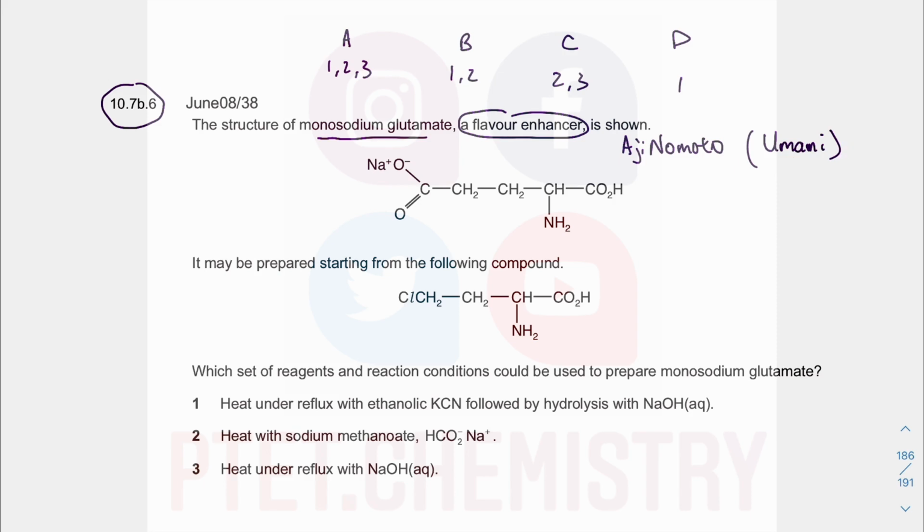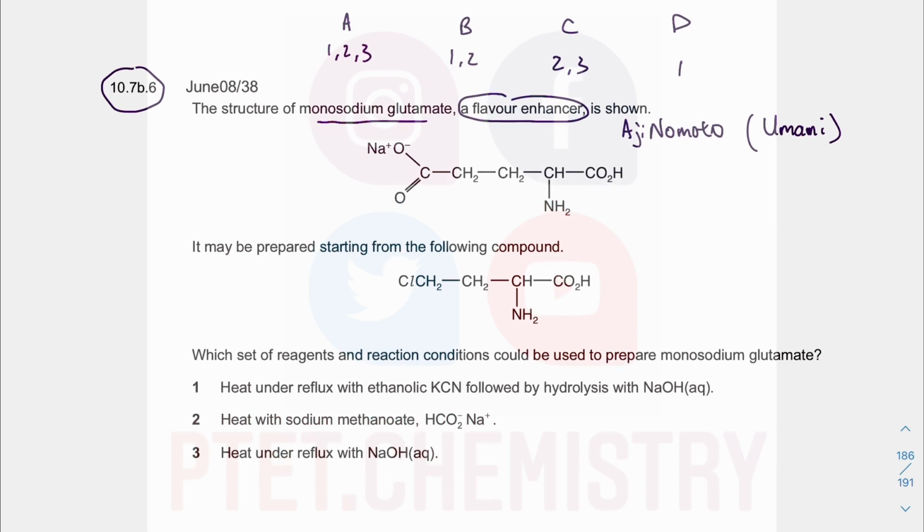So Ajinomoto is like a replacement for that, a flavor enhancer to recreate that umami flavor. You will have heard about it a lot in Chinese restaurant cooking. Well, the westernized Chinese food, because it's not supposed to have Ajinomoto to begin with, right? Because that is man-made. Anyway, so we can prepare it starting from the following compound.